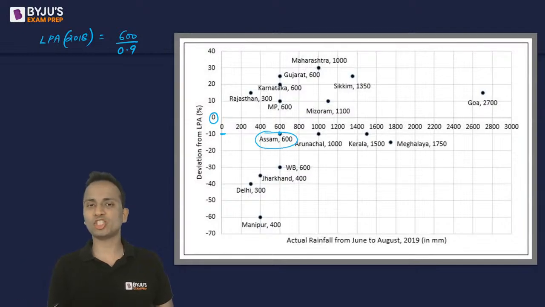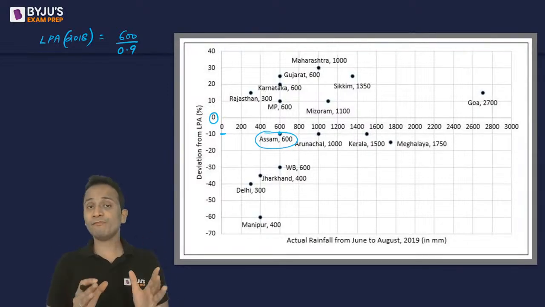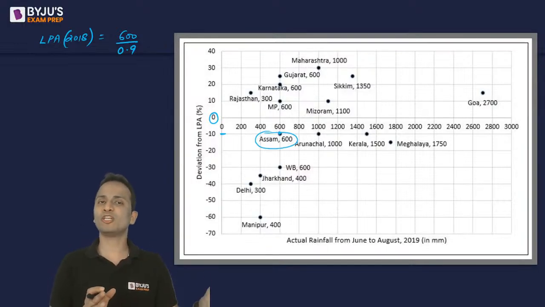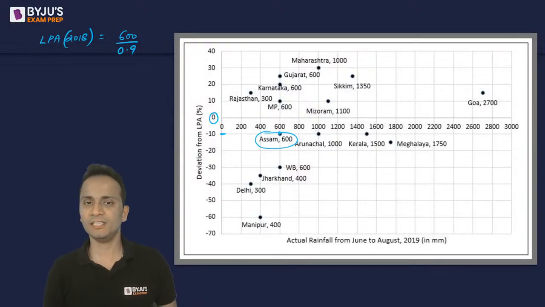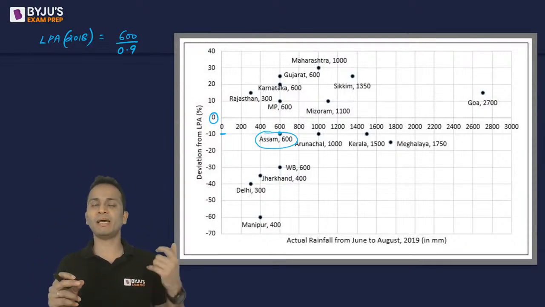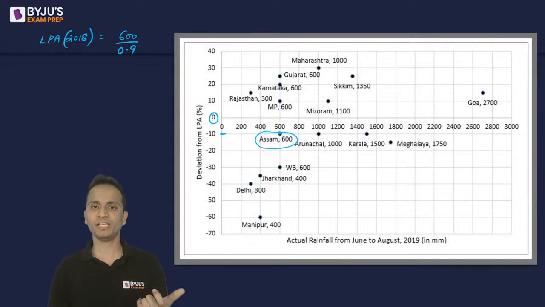Similarly for Arunachal, the deviation is minus 10. So for Arunachal, I can say that the rainfall has decreased by 10% as compared to the LPA of 2018. So 1000 is the value that has been obtained by reducing the LPA of 2018 by 10%.